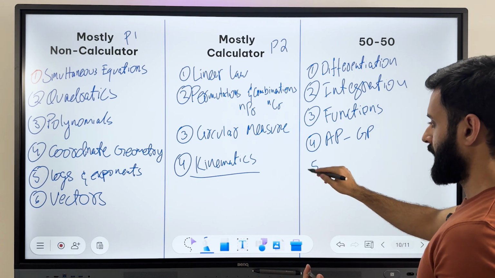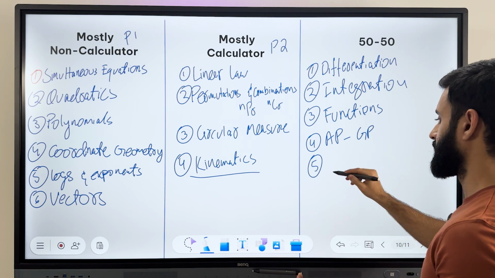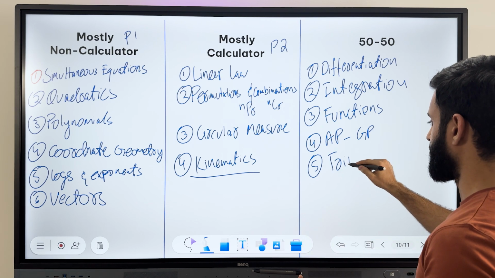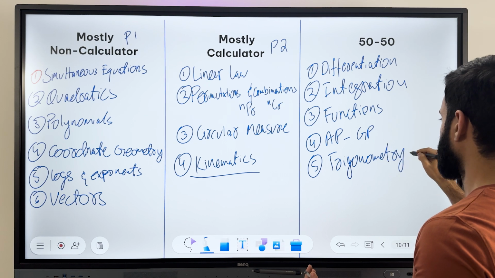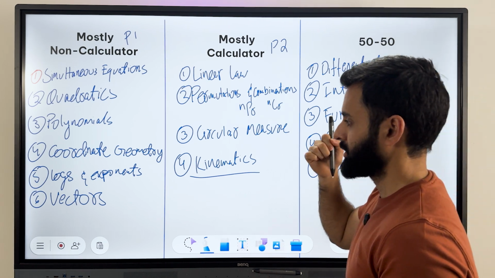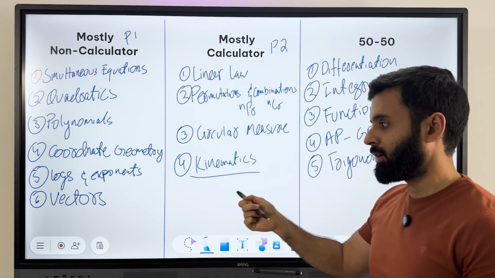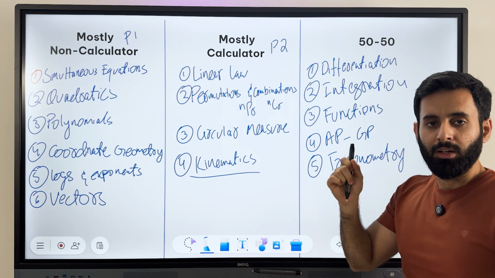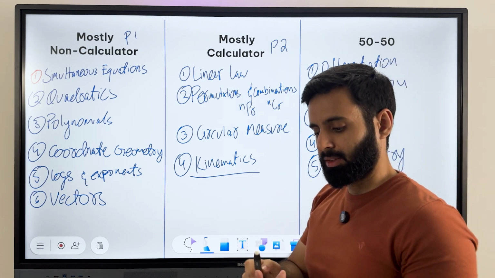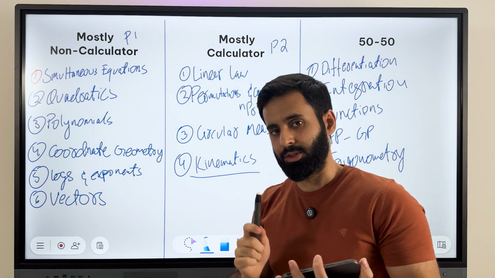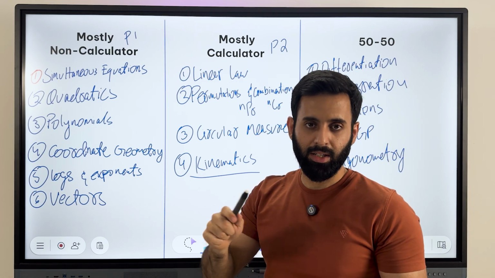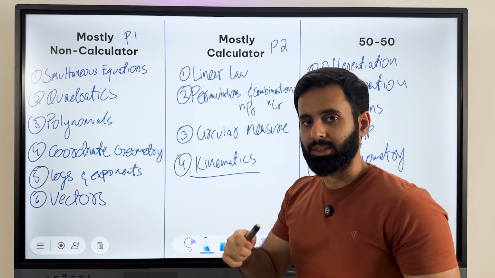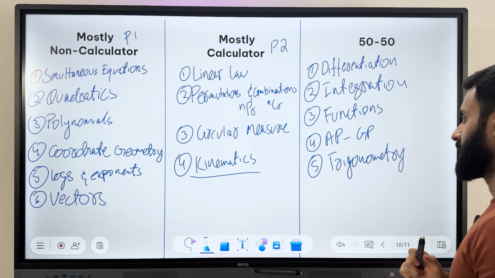Now, number 5, and I believe this is the second last, that is trigonometry. The reason why I've put trigonometry in 50-50 is because yes, in trigonometric equations you do need a calculator. But be careful, there are some angle values that you're supposed to memorize: 0, 30, 45, 60, 90. So sine, cos and tan of these angles, I've made a video on it, you can check it out.